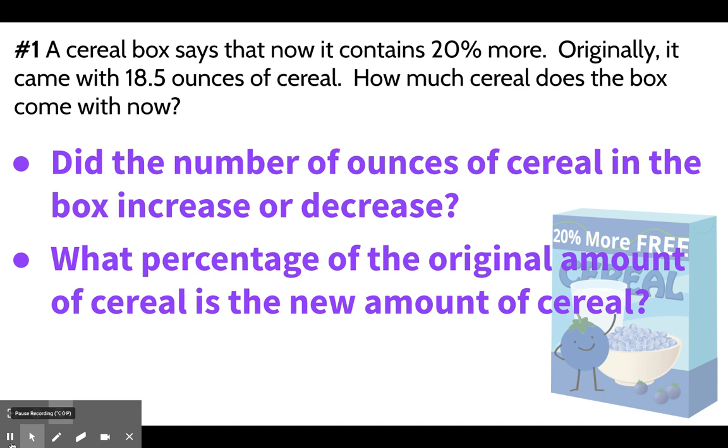So the cereal box now has 120% as many ounces of cereal as it originally had, because remember, we had our initial 100% plus another 20% equals 120%. So it has 22.2 ounces of cereal.